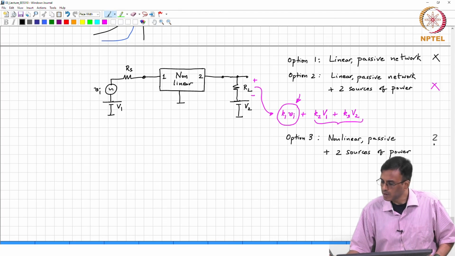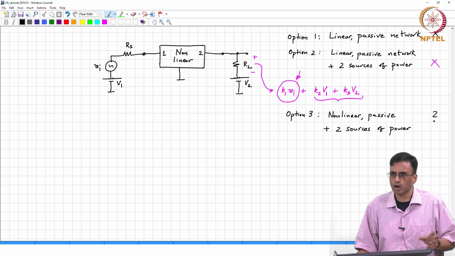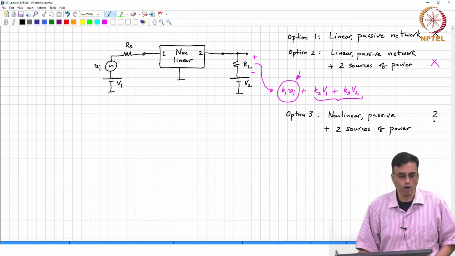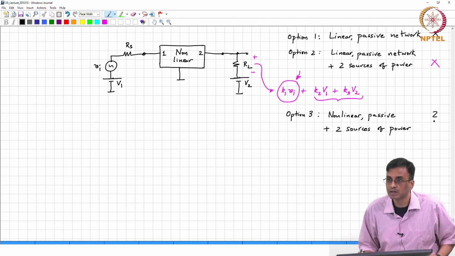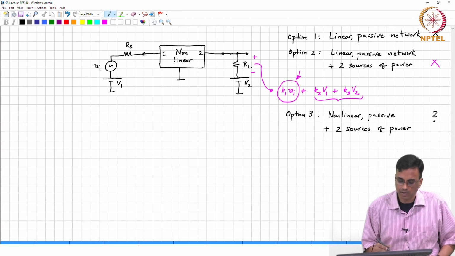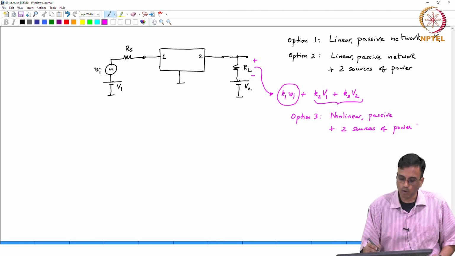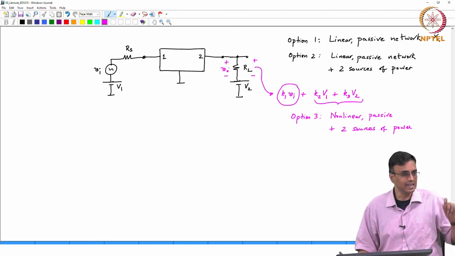The moment we talk of a non-linear 2 port, we can only talk of incremental gain, correct. We want the voltage across RL to be a linear function of Vi. So, that basically means Vi must be a small signal.